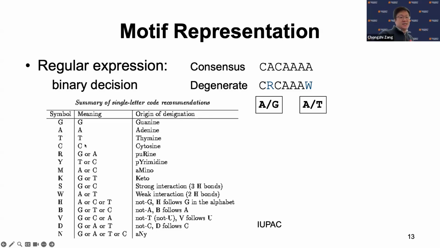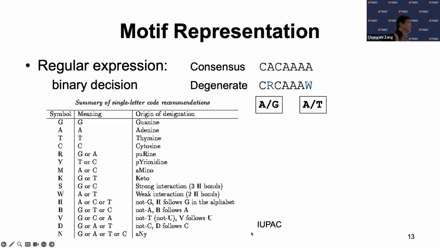So ATGC is the deterministic one. But people use other letters. If it's A or G, they use R to represent. For all types of combinations, we give them different letters to represent the degeneracy. And this is the common nomenclature provided by the International Union for Pure and Applied Chemistry.